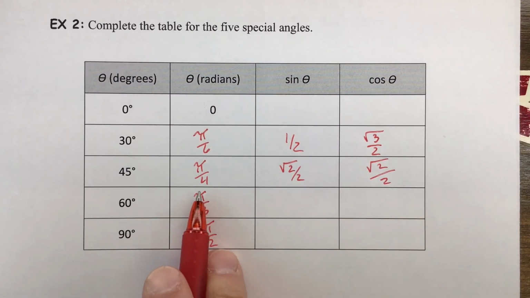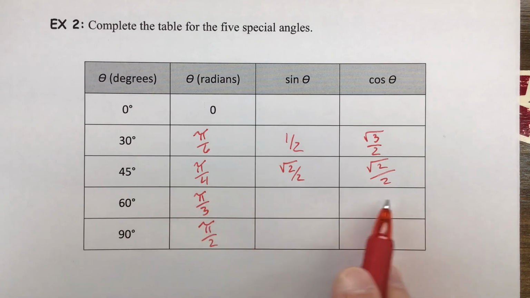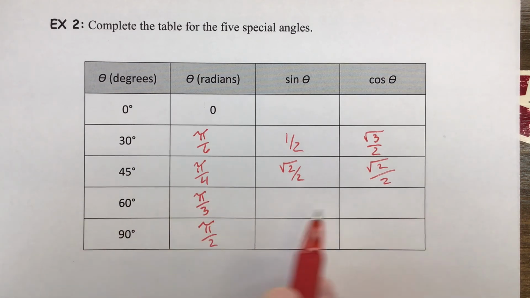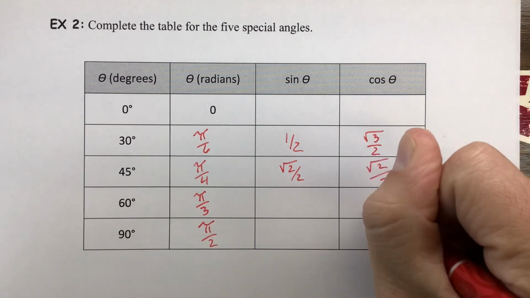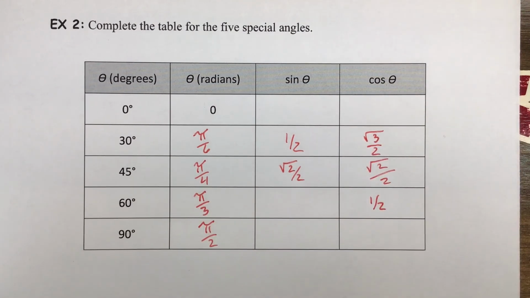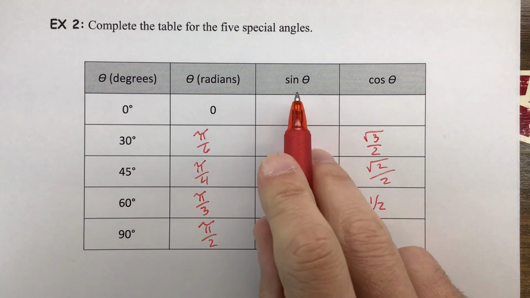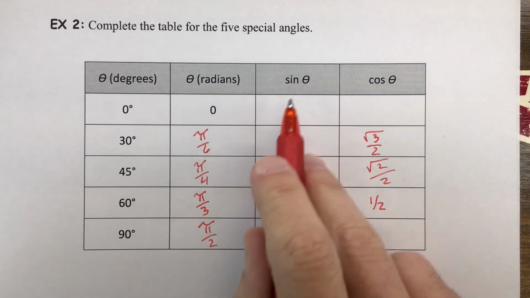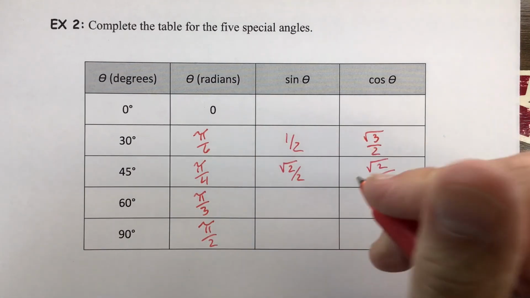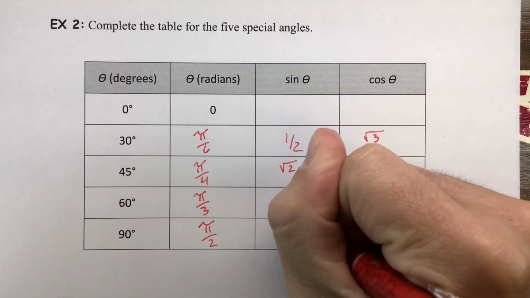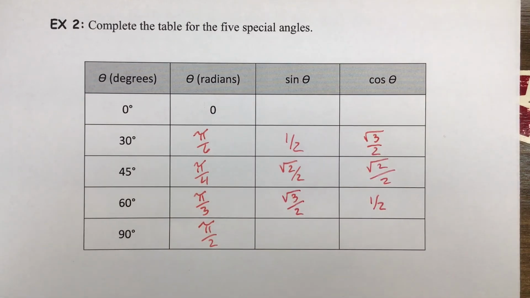And we actually just did that one, at least for cosine. The cosine of 60, or the cosine of pi/3, turned out to be 1/2. But if you were to take the sine of either of those two, you would get the square root of 3/2.